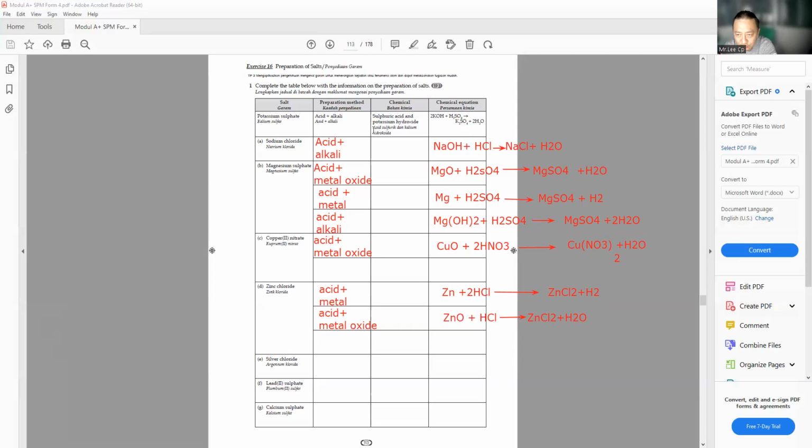All right. I want you to try to do these 1, 2, 3. Next week we discuss. Can or not? These three. You do these three for me. Any question?